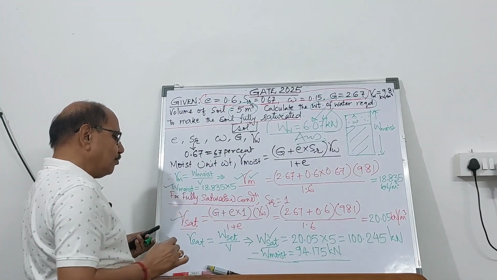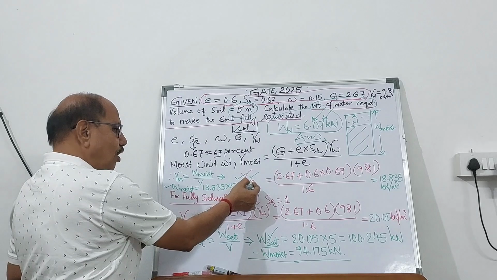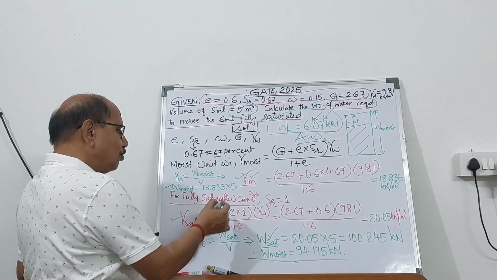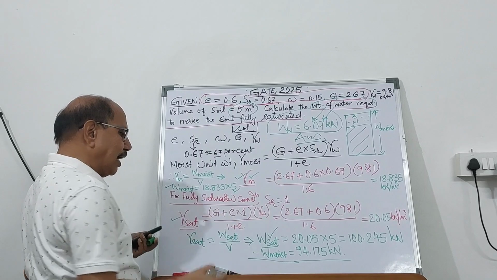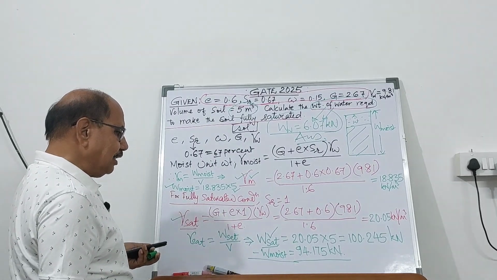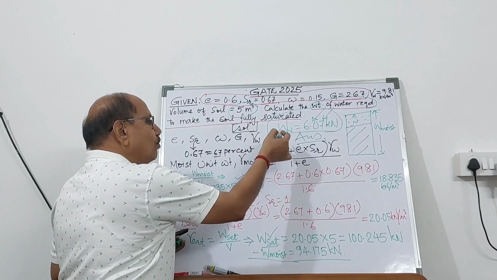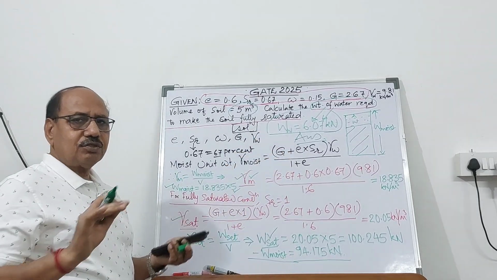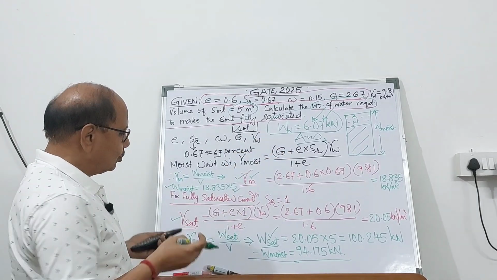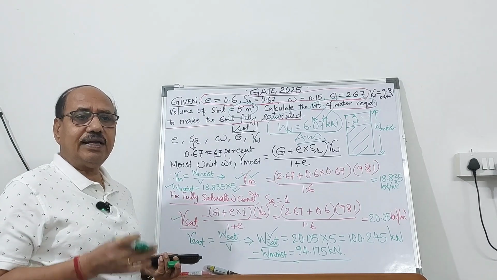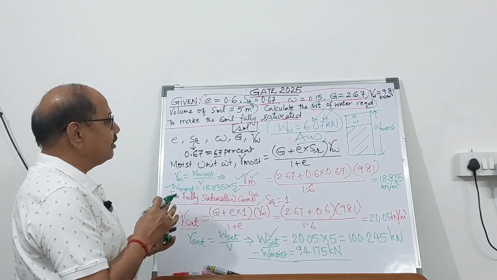Calculate the weight of moist soil from the unit weight for moist soil for the given volume of 5 cubic meter, and then the difference of the two will give you the weight of water required to make the soil fully saturated. So in two steps, the solution can be met. Very simple problem that has been asked.